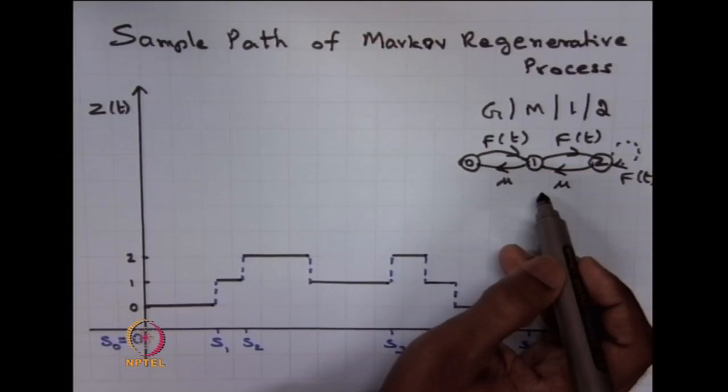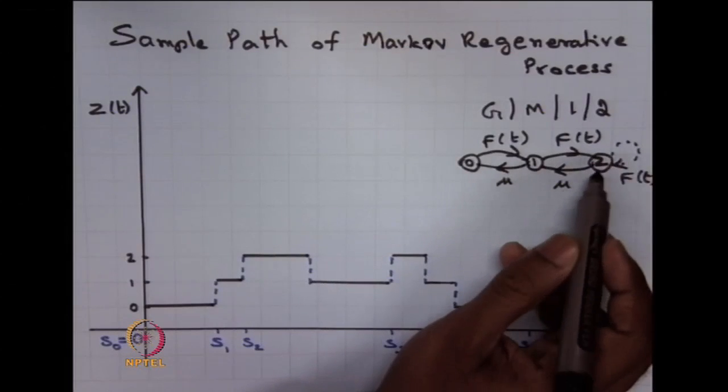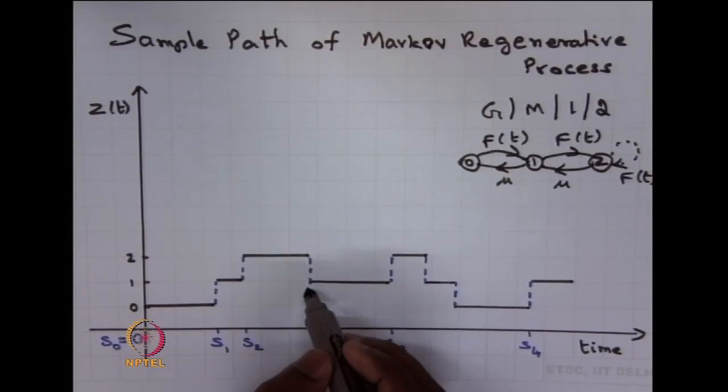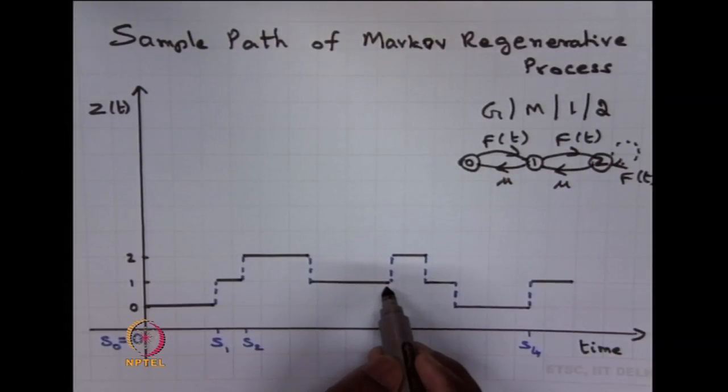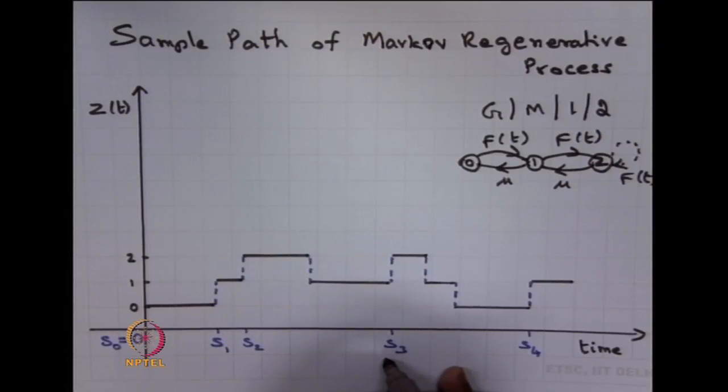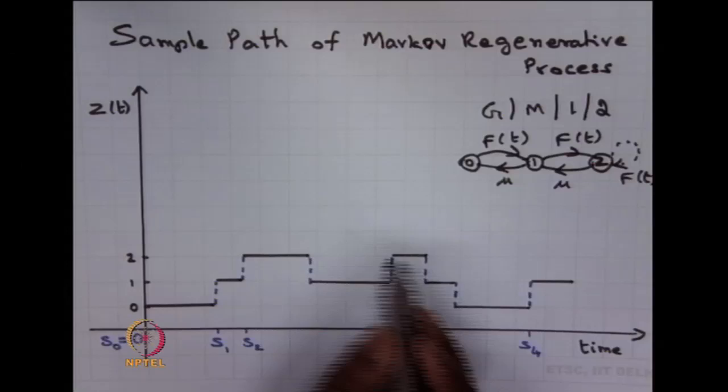Since the service is completed, the system size becomes 1 for some time. During this duration, the third customer enters the system at the time point S3. Now the system size is 2 again.